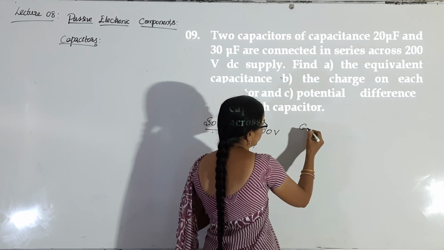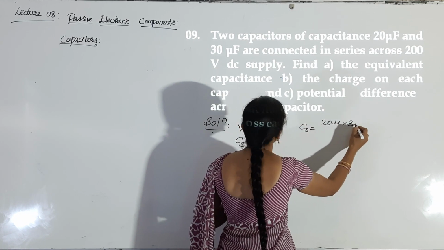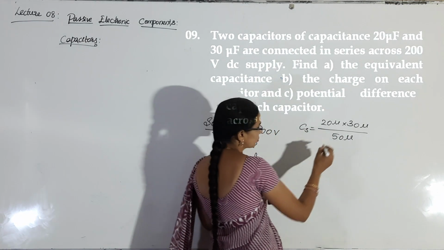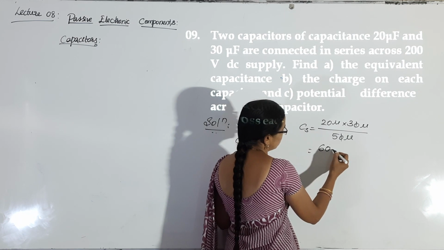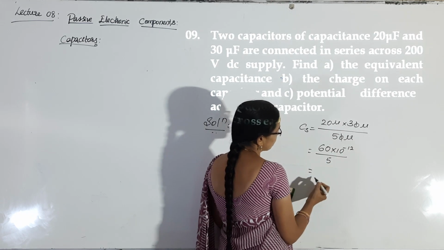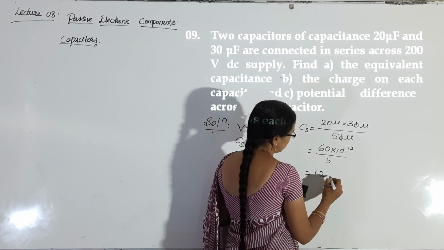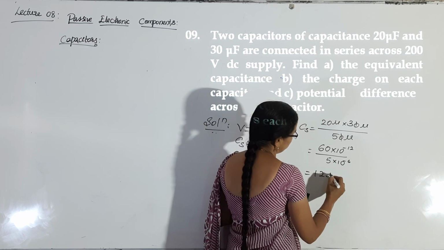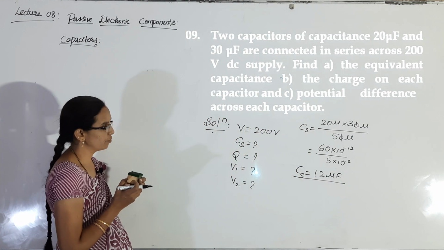So Cs is equal to 20 micro into 30 micro divided by 50 micro, 30 plus 20, that is 600 into 10 to the power of minus 12 divided by 50. So 12 microfarad is the effective capacitance.